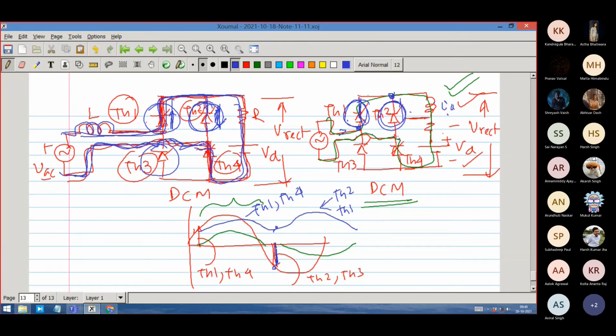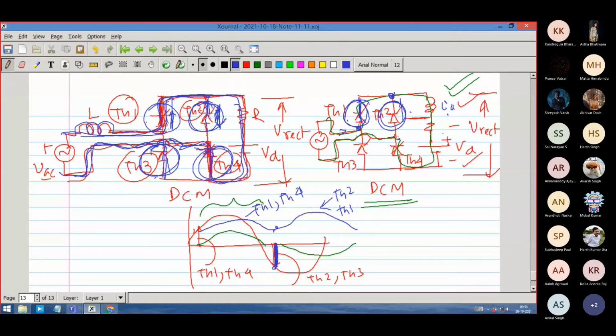And you know that TH1 and TH4 are conducting at the same time, and TH2 and TH3 will be fired at the same time. So similarly, TH3 and TH4 are shorted at the instant when you are firing, for a very small time. It is not a very long time, but there is a difference: this bridge is now shorted.